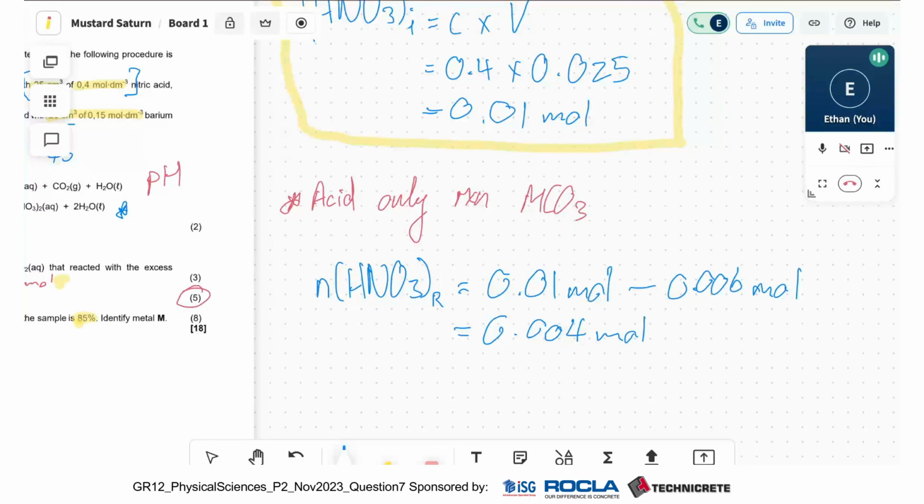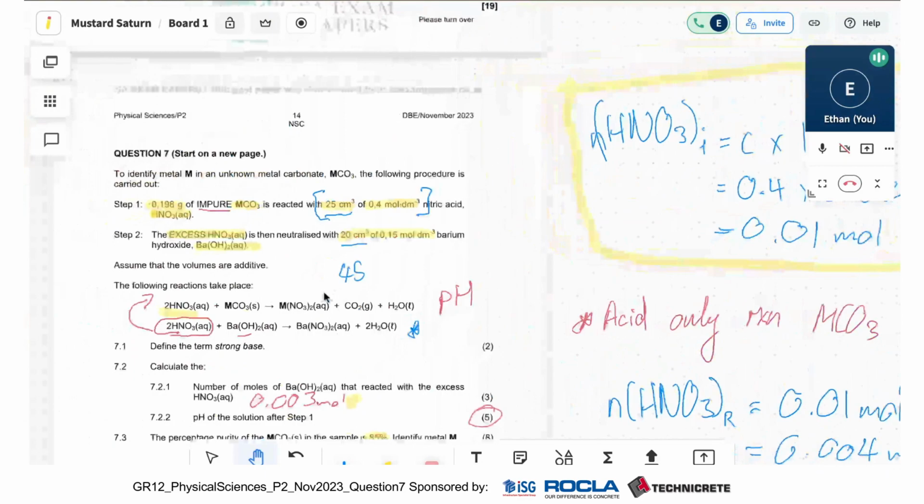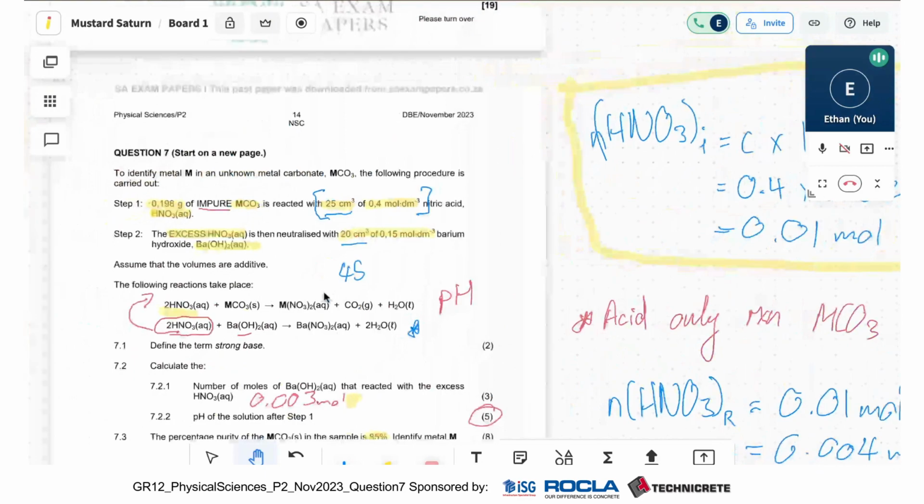Now, from our stoichiometry, from our equation, we can see that the ratio of acid to metal carbonate is 2 moles of acid react with 1 mole of metal carbonate.